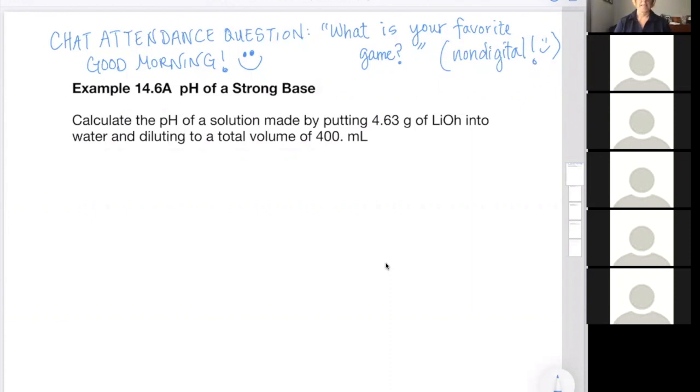So we can look at this example here of lithium hydroxide that's on the screen. We can use this as our getting started example. LiOH is a strong base. Now you could figure that out by looking up the Kb value.